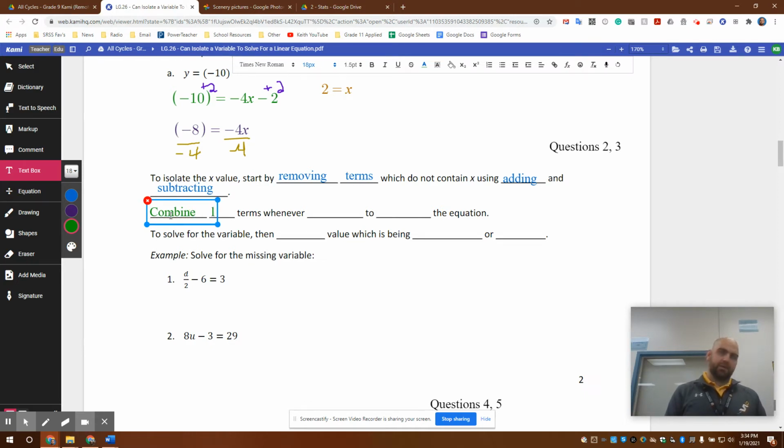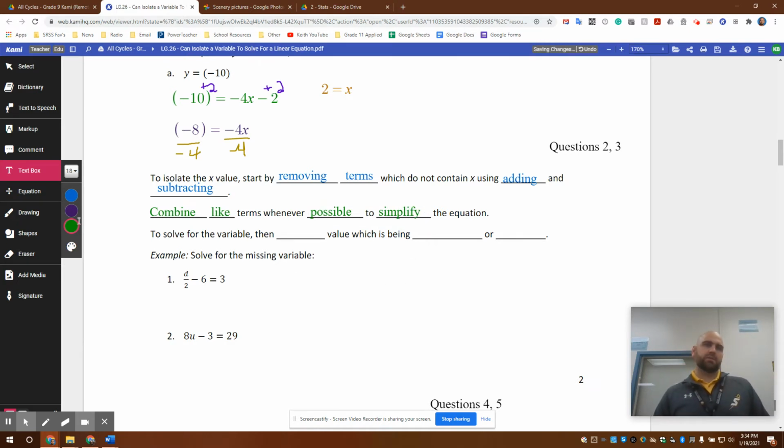Like I said, we combine like terms whenever possible. Simplify the equation. It makes it a lot easier to come up with our final answer when we have simplified ahead of time instead of simplifying at the end.